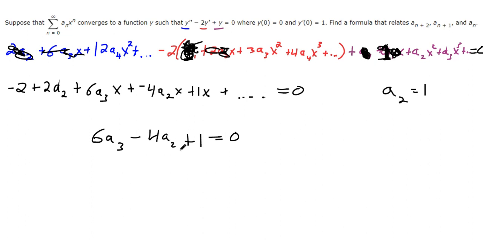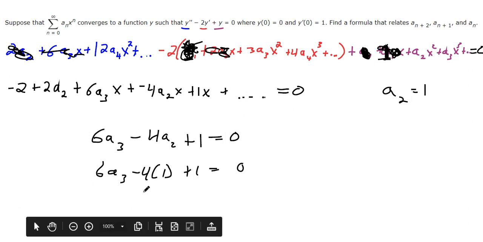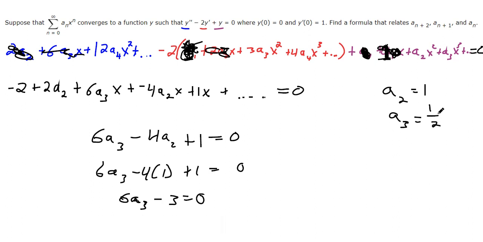And then we just found out what a sub 2 is. Now we have a quick little equation we can solve. This is 6a sub 3 minus 3 equals 0. So we're going to get that a sub 3, I said to the third again, man. A sub 3 is 1/2 when you solve that equation.